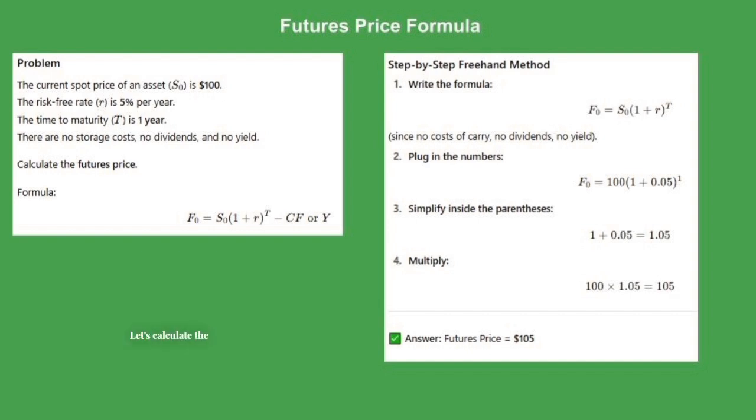Let's calculate the futures price using the cost of carry formula. The formula is futures price equals the spot price times 1 plus the risk-free rate raised to the power of time, minus any costs of carry, dividends, or yield.